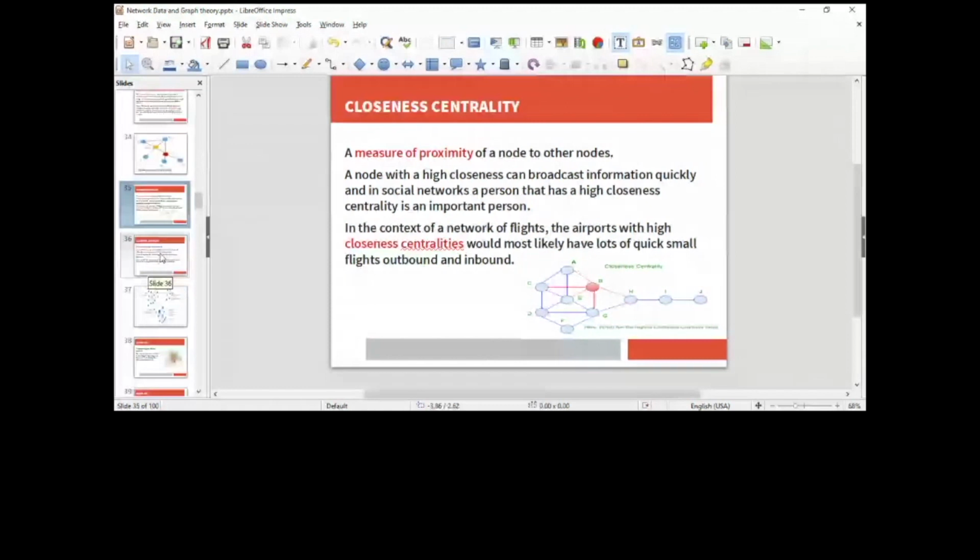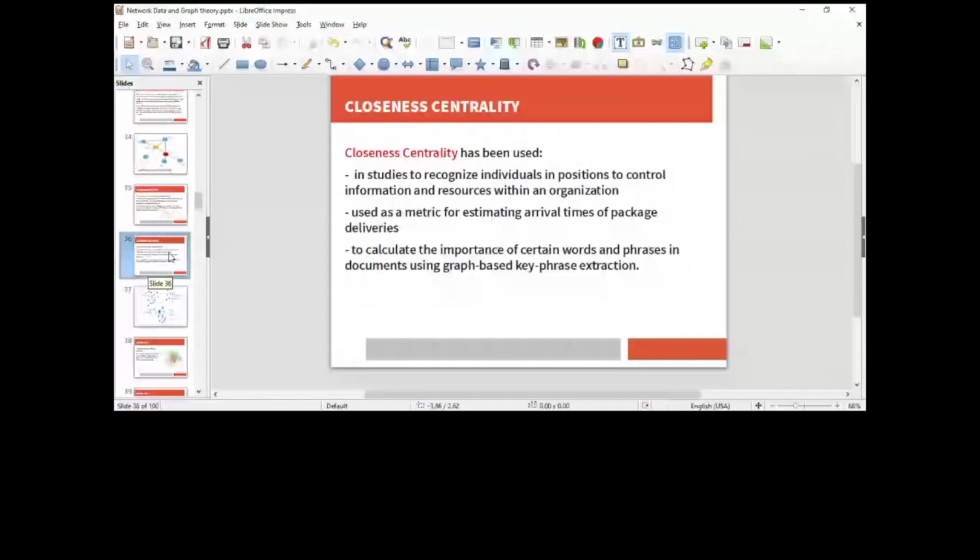When it comes to a social network, the person that has a high closeness centrality is an important person, because they are close to the most influential person. So that person can be directed for questions. You don't have to exert so much pressure on the most important person in the social network.